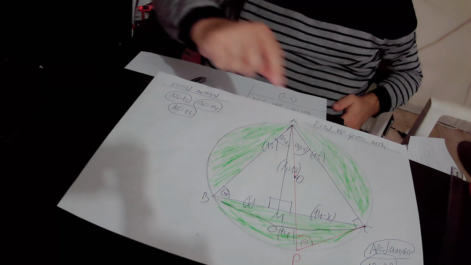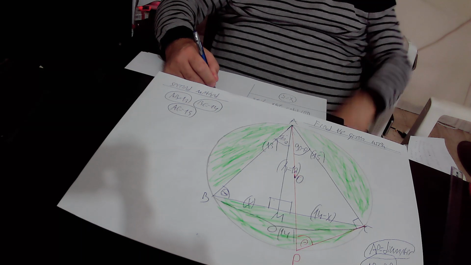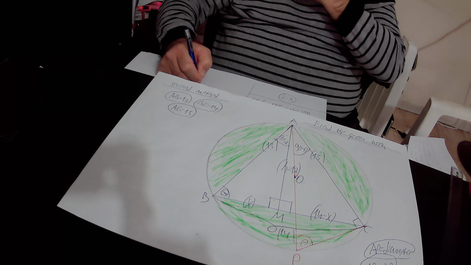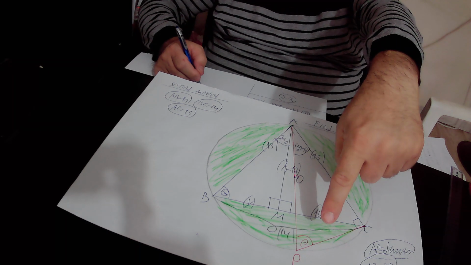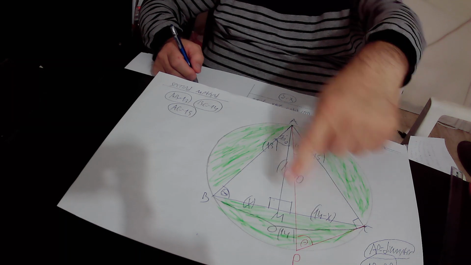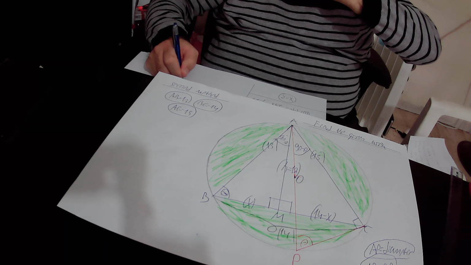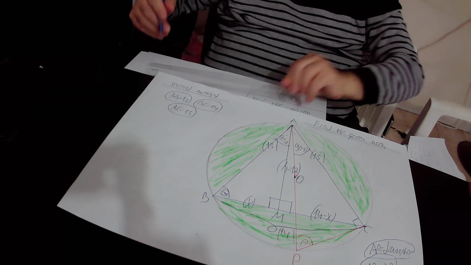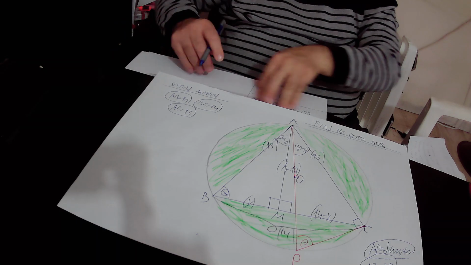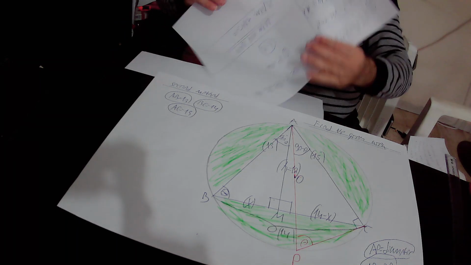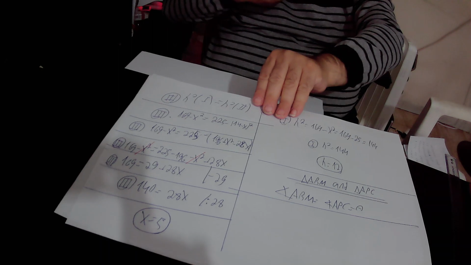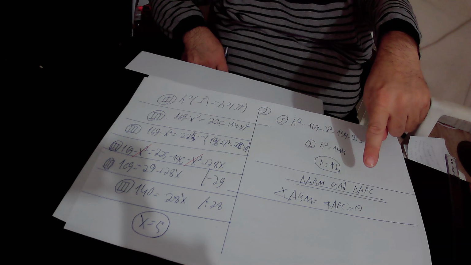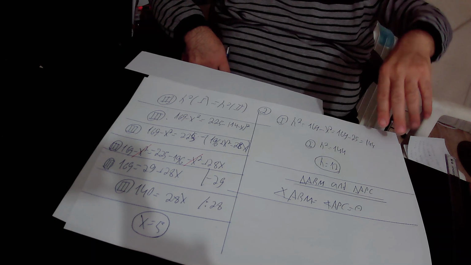Angle ABM in triangle ABM is equal to this angle, angle APC in triangle APC. They are both equal to theta, therefore they are equal to each other.